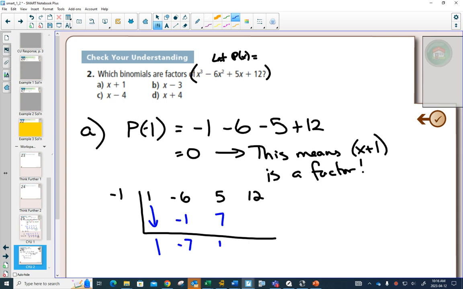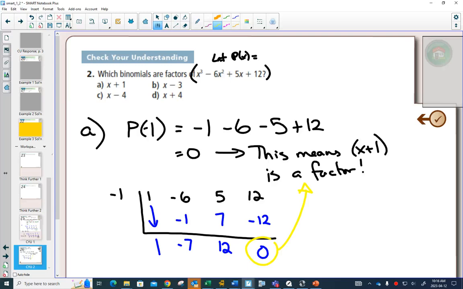Multiply, then add. Multiply, then add. And if the remainder is 0, that also tells us that x plus 1 is a factor. So we would have both of these options to figure out whether it's a factor or not.